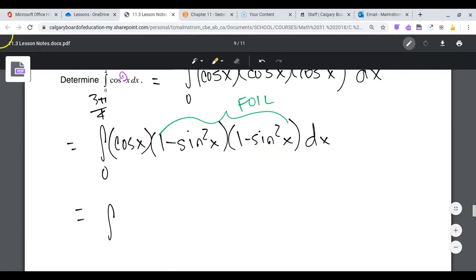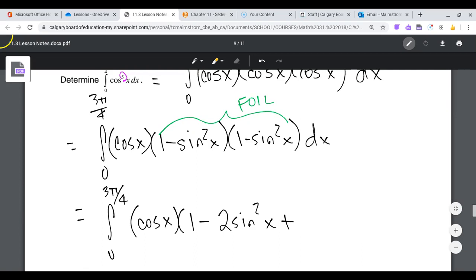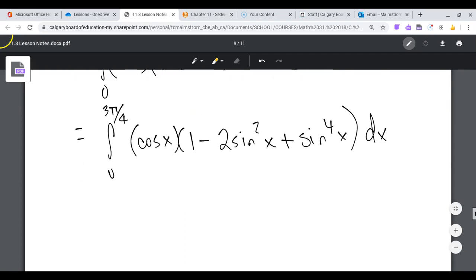And this is actually leading me to be able to use my substitution rule. When I expand this out, I'm going to get 1 minus 2 sine squared x plus sine to the power of 4. And now I have something in terms of cos and sine. So I'm going to use my substitution rule.